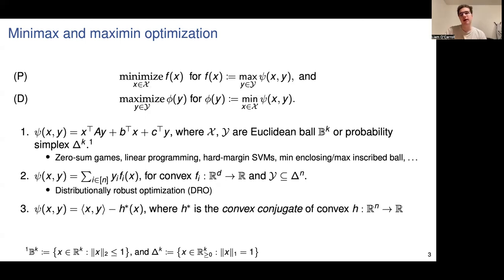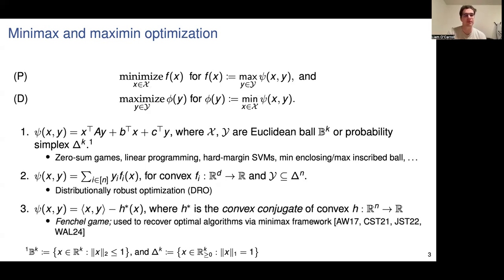Finally, as an example of a different flavor, if you have some convex function h, you can form a natural minimax objective associated with it. It's known as the Fenchel game, and it's given by x transpose y minus the convex conjugate of h.